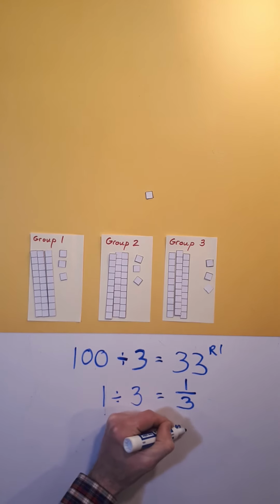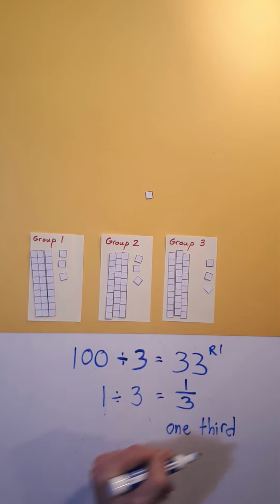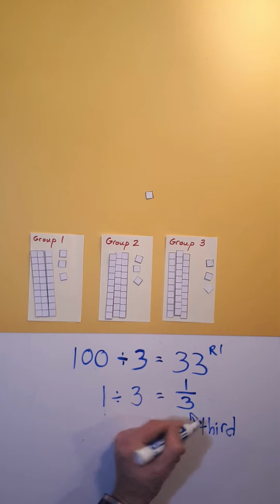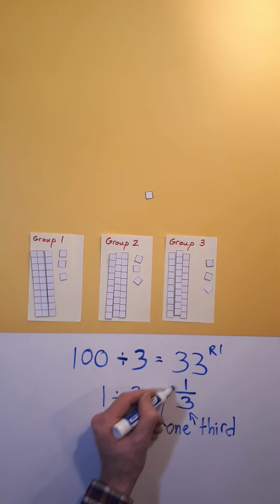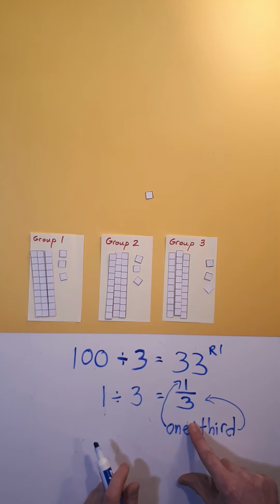So when we're going to speak about this, we can call it 1/3. So we have the 1 up there, the 3 down there, and that's where the name comes from.